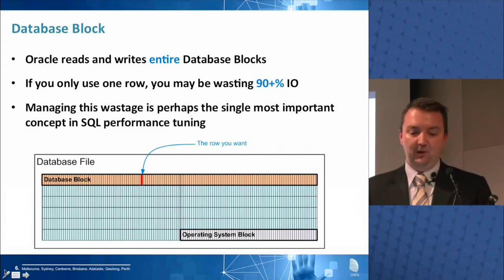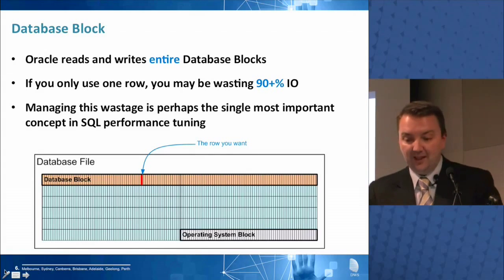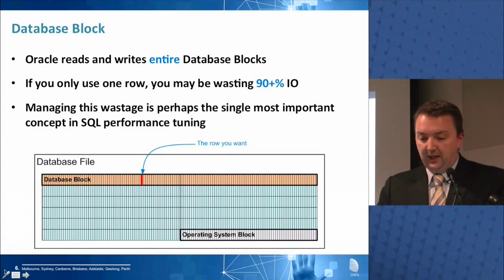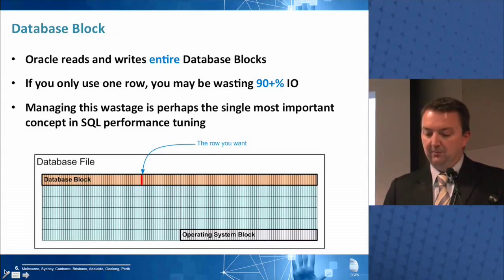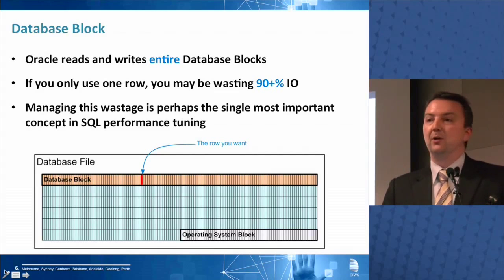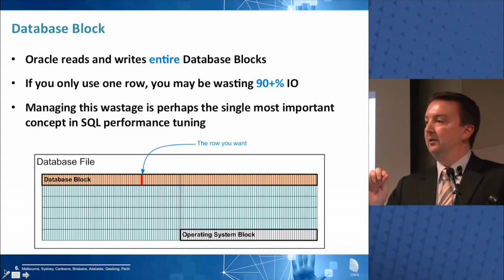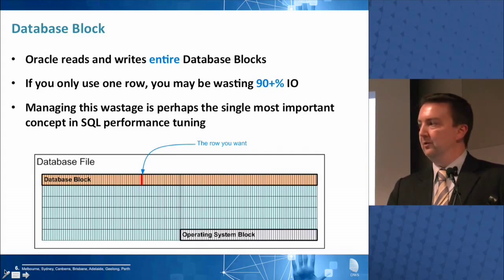Just read one block and you get all the rows you want. That would be wonderful. So database files are made up of operating system blocks. Oracle database blocks are one or more operating system blocks. A database block contains lots of rows, and that's our minimum unit of I/O. We read and write to the database in units of blocks, not units of rows. When we write a single row to the database, we're actually writing an entire block.